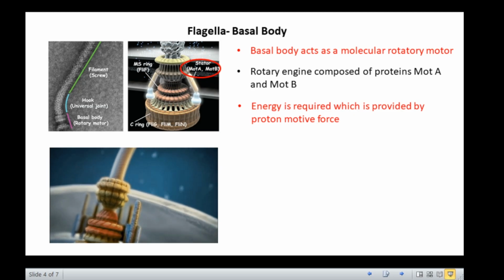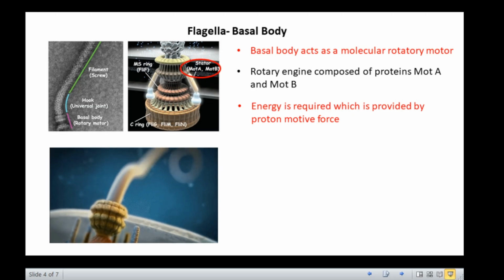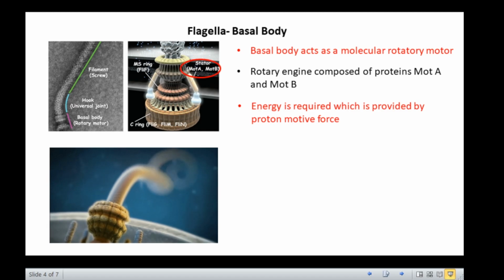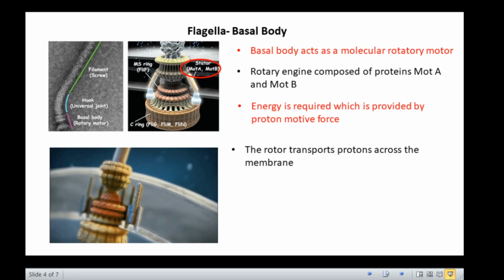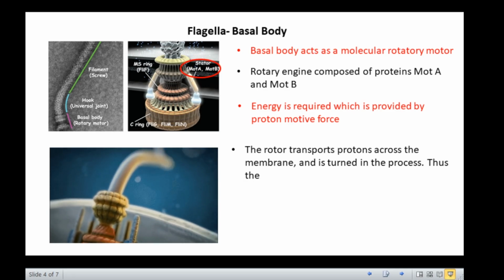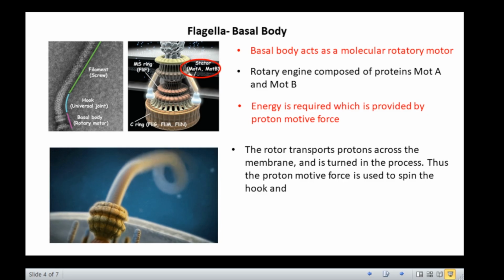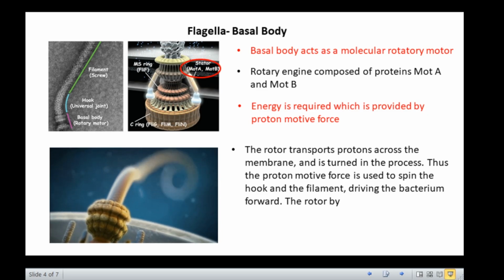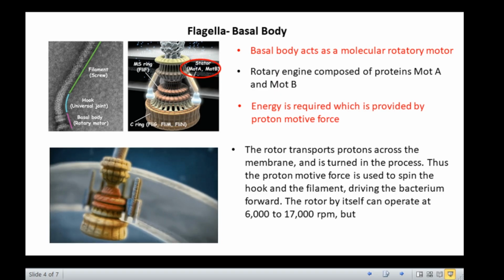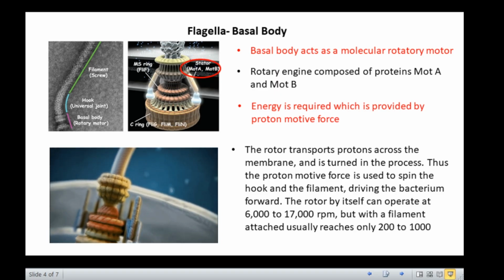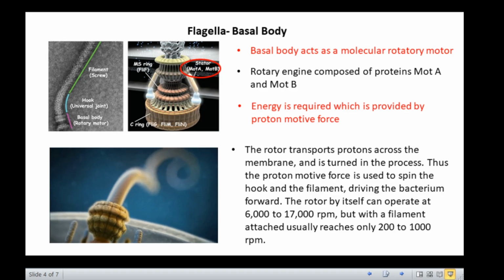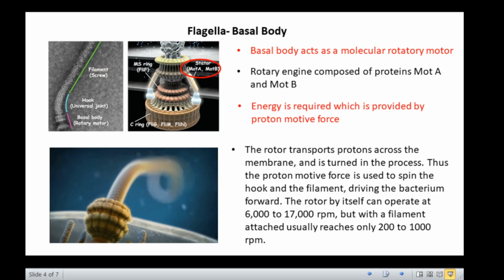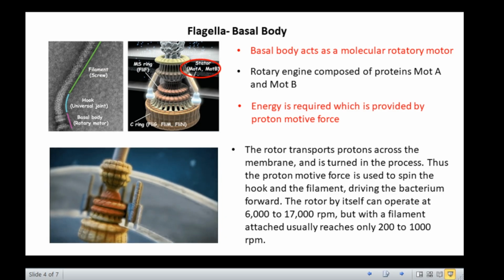Thus, the proton motive force is used to spin the hook and the filament, driving the bacterium forward. The rotor by itself can operate at 6000 to 17,000 rpm, but with a filament attached, usually only reaches 200 to 1000 rpm.